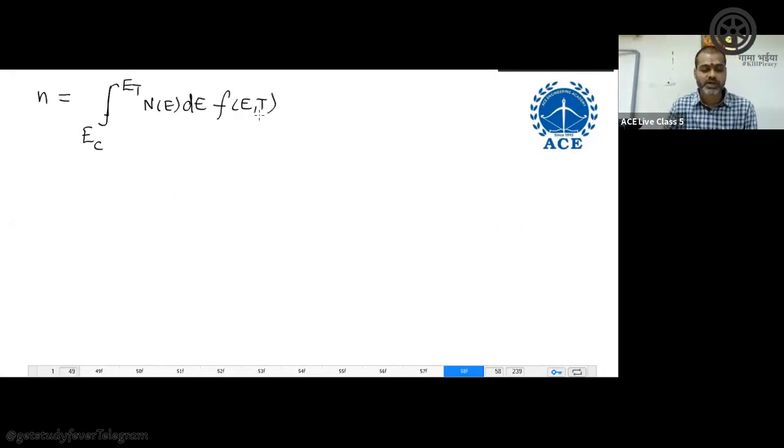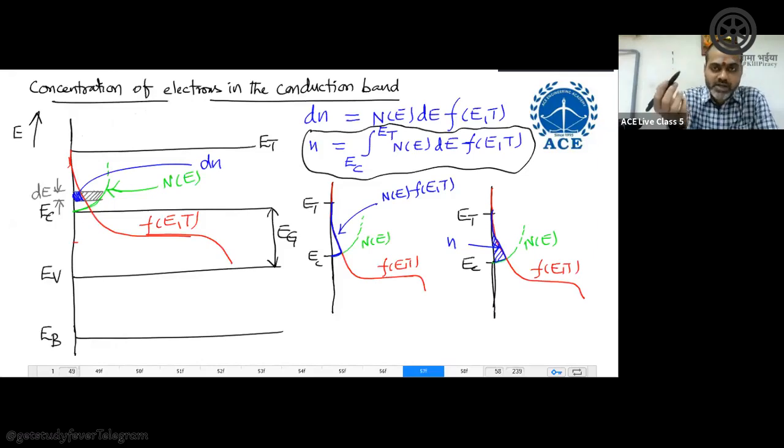Here we are going to make three approximations. We'll see them one by one. Please concentrate. This is the top of the conduction band, ET.